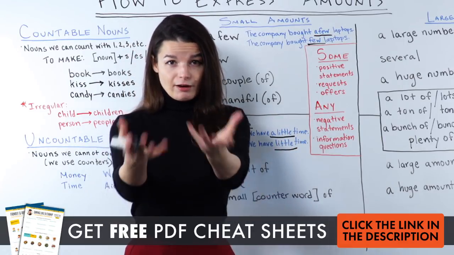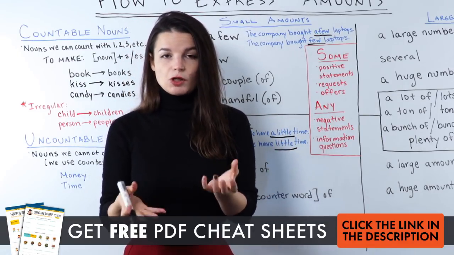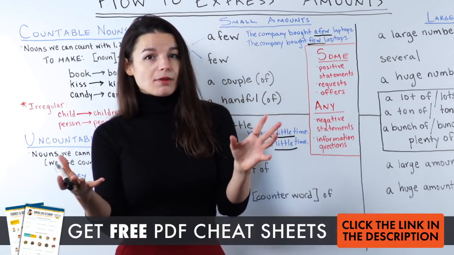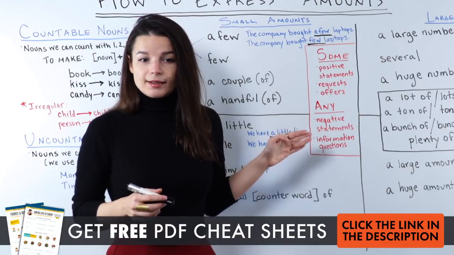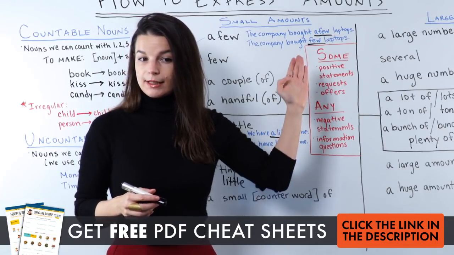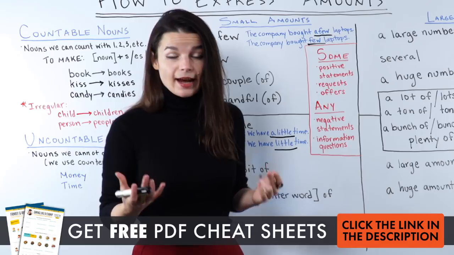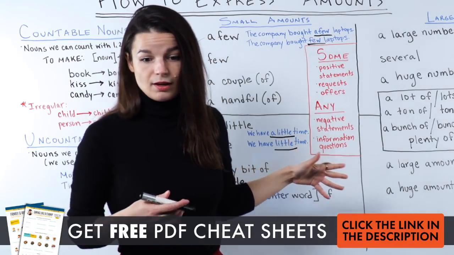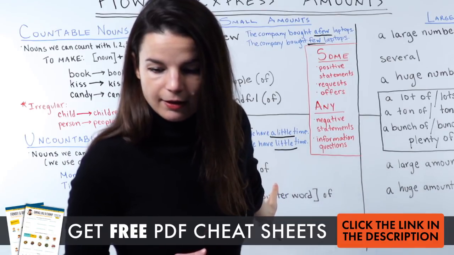We're asking for information. For example, do we need any something? Or do you want any something? So these are the key differences between some and any, but we can use them for both countable and uncountable nouns. Alrighty.